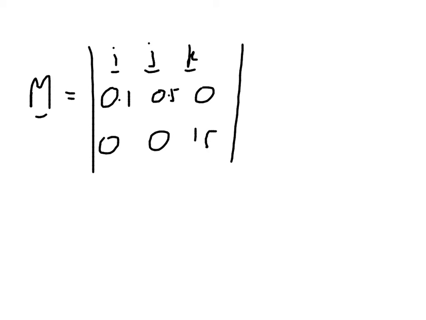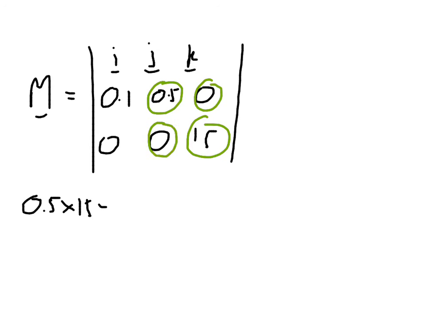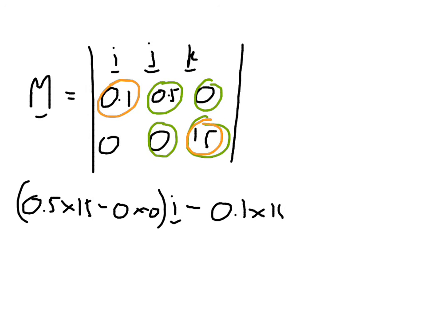So we're going to start with 0.5 times 15 minus 0 times 0, i, minus, because it's the middle bit, 0.1 times 15 minus 0 times 0, j.